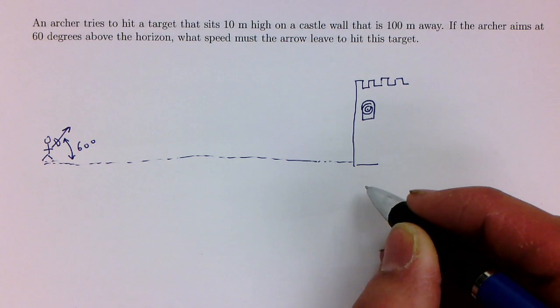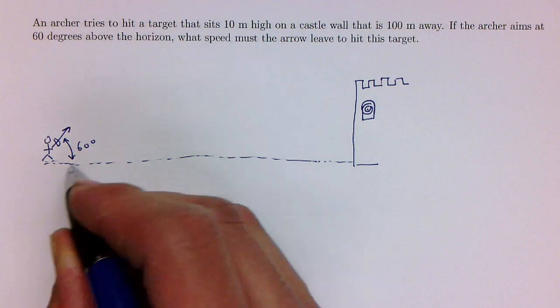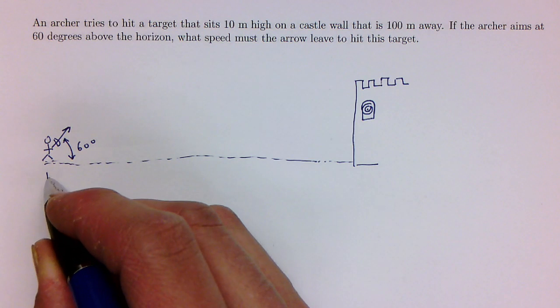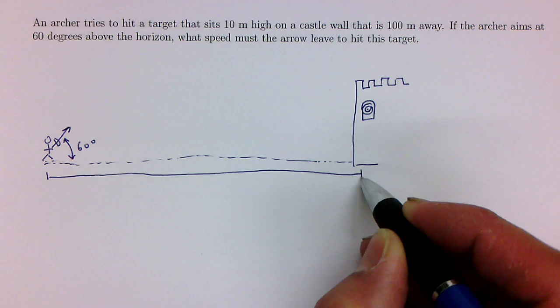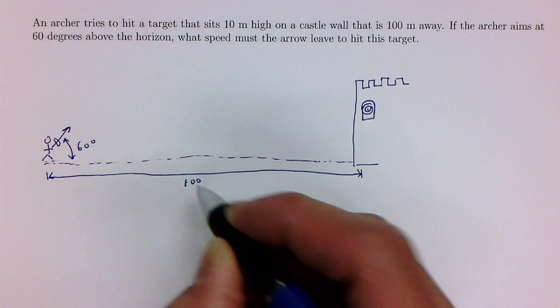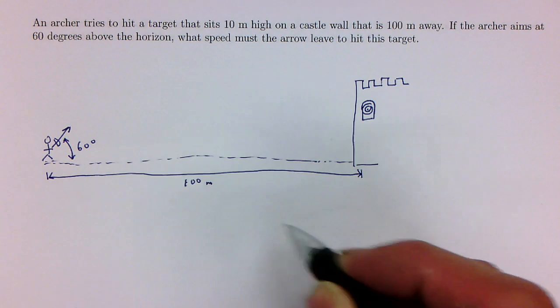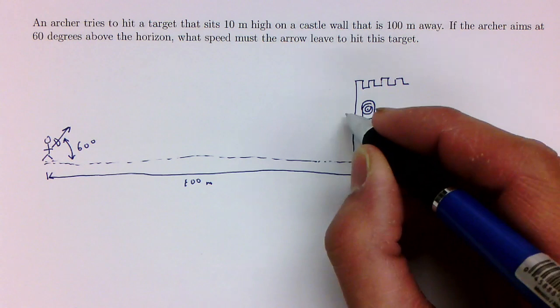Okay. And this target is on the castle wall and is about 100 meters away from the archer. So that's at 100 meters, about the length of a football field roughly. Okay, and this target is 10 meters above the level ground.